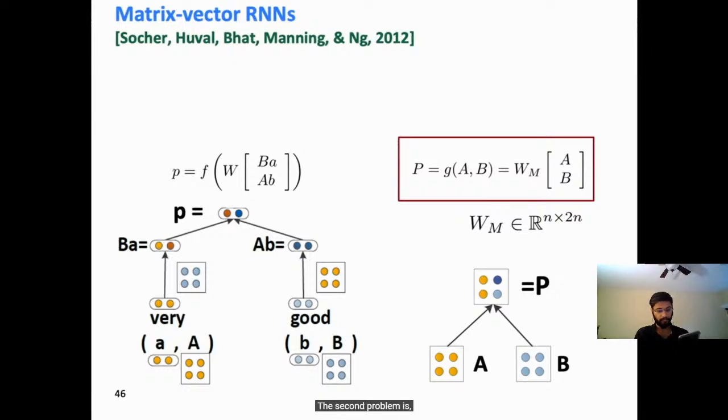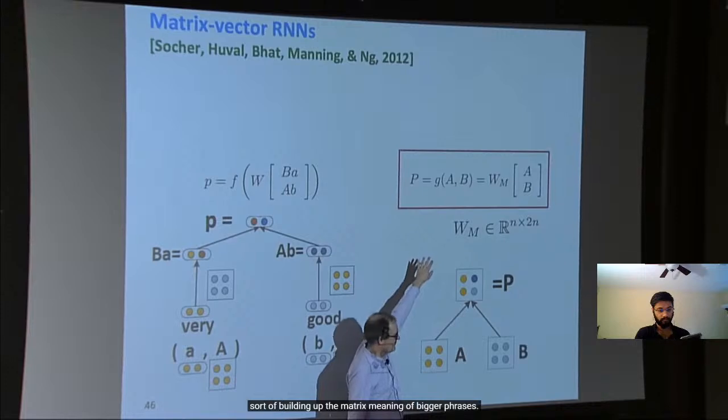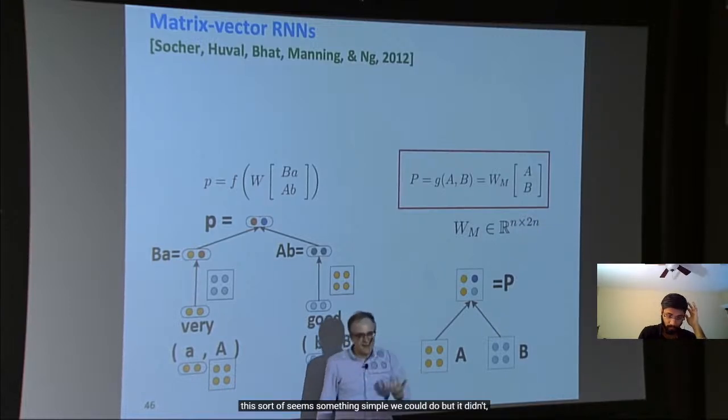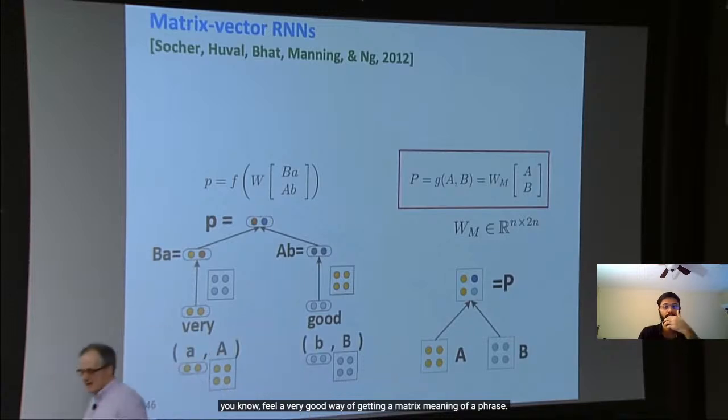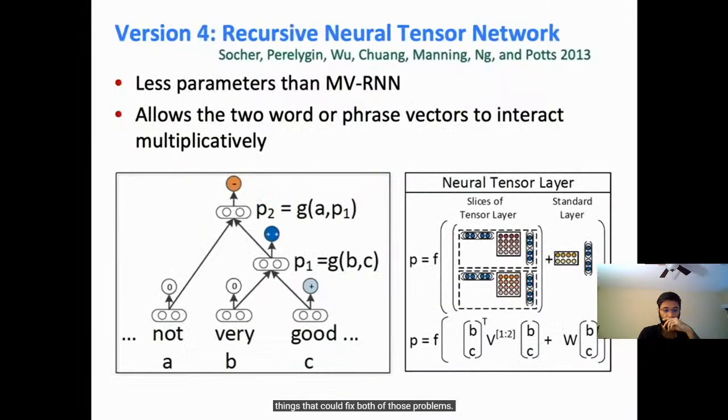The second problem is we didn't really have very good ways of building up the matrix meaning of bigger phrases. This seems like something simple we could do, but it didn't feel like a very good way of getting a matrix meaning of a phrase. So we wanted to come up with some other way of doing things that could fix both of those problems.